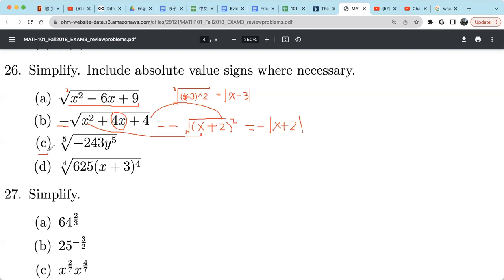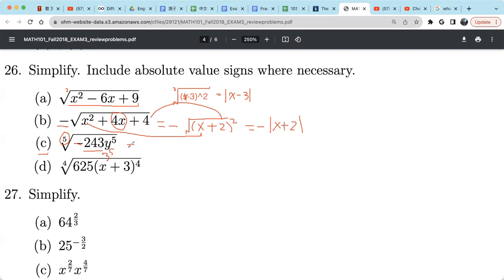Let's see 5. If we remember, 243 is 3 raised to the power 5. 3 to the 4th is 81, and 81 times 3 is 243. So 3 to the 5th is 243. Because the index is an odd number, we can take a negative value as a radicand.